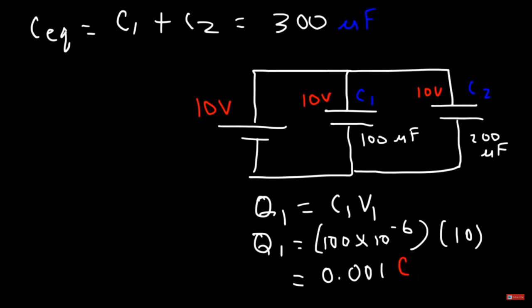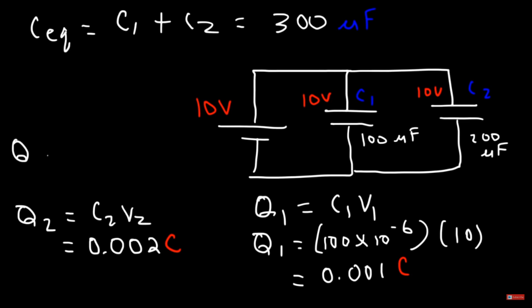What about C2? What is the charge stored on C2? So we can use this equation. Q2 is equal to C2 times V2. So that's 200 times 10 to the minus 6 times 10 volts. So it's going to store twice the amount of charge compared to C1. So it's 0.002 coulombs.